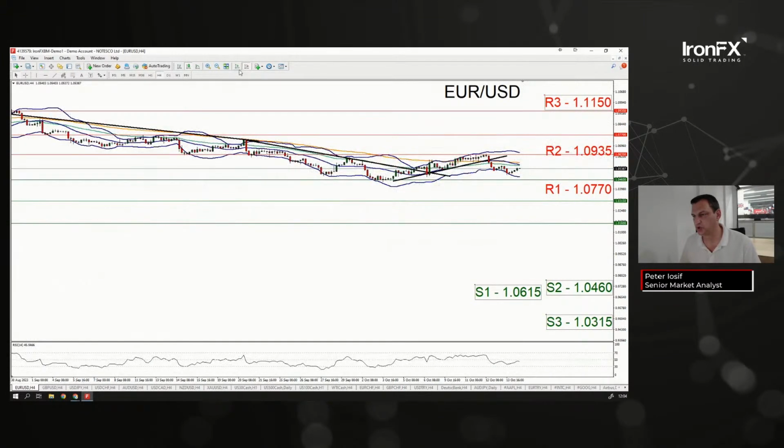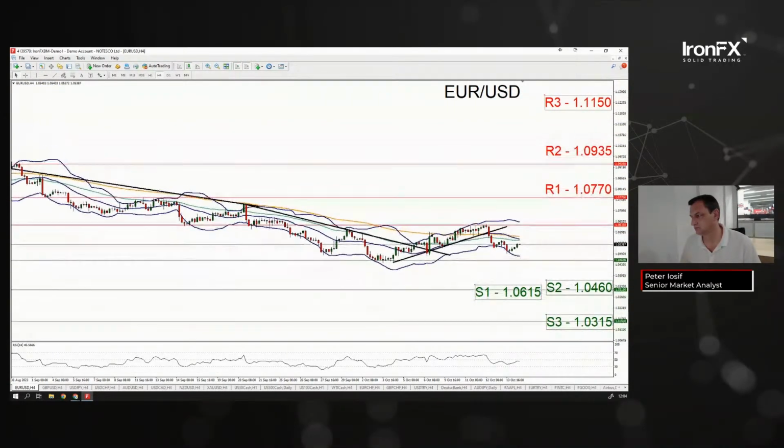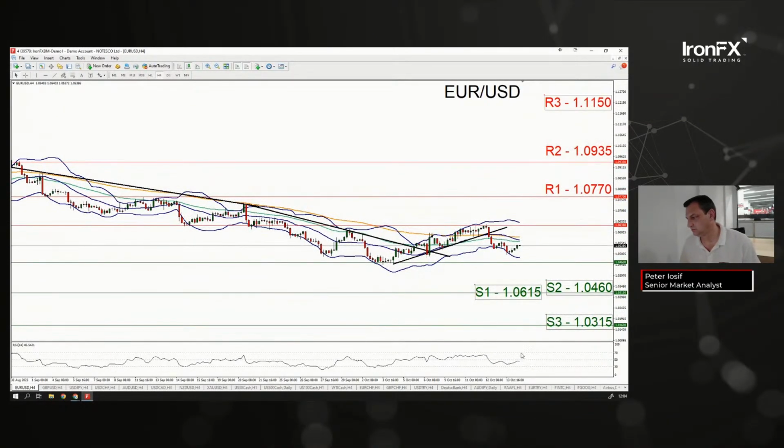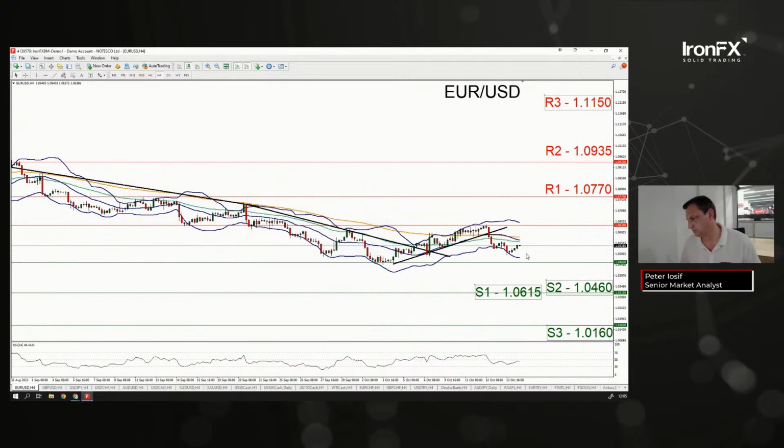Let's readjust the chart. Let's rearrange and correct the content of the labels. The S2 being placed now at 1.0315.